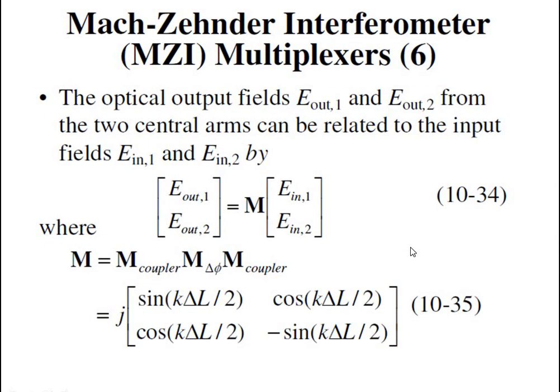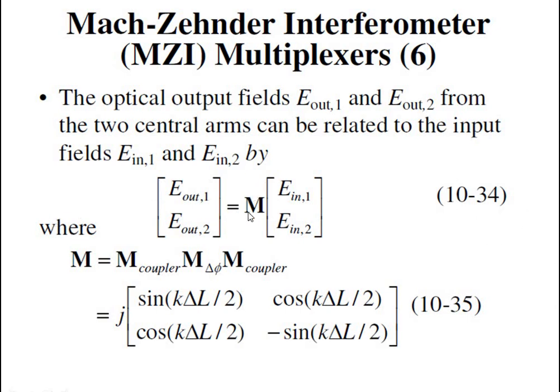So now the optical output fields, represented by E out 1 and E out 2 from the two central arms, can be related to the input fields, represented here by E in 1 and E in 2, by this relationship given by 10.34.